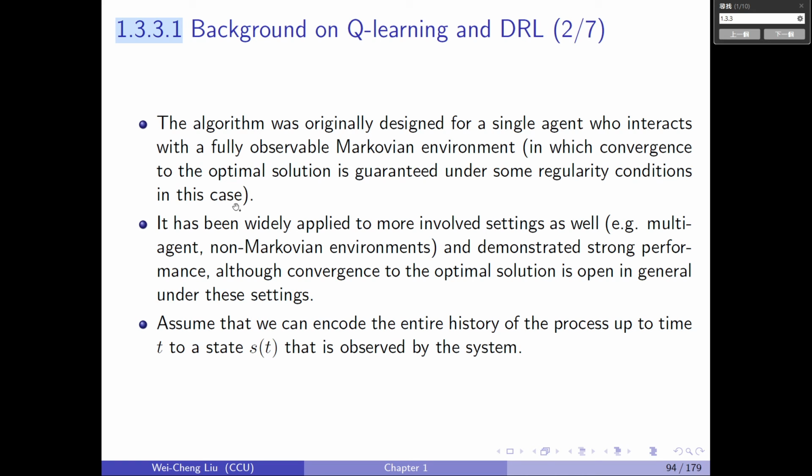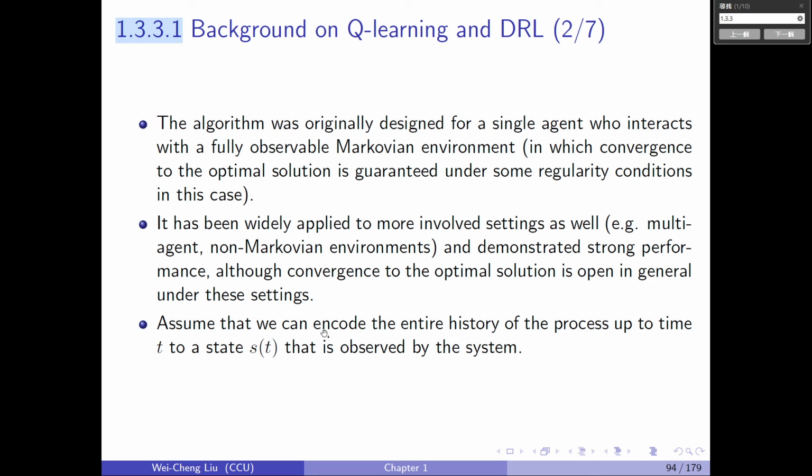It has been widely applied to more involved settings as well, for example, multi-agent and non-Markovian environments, and demonstrated strong performance, although convergence to the optimal solution is open in general under these settings.